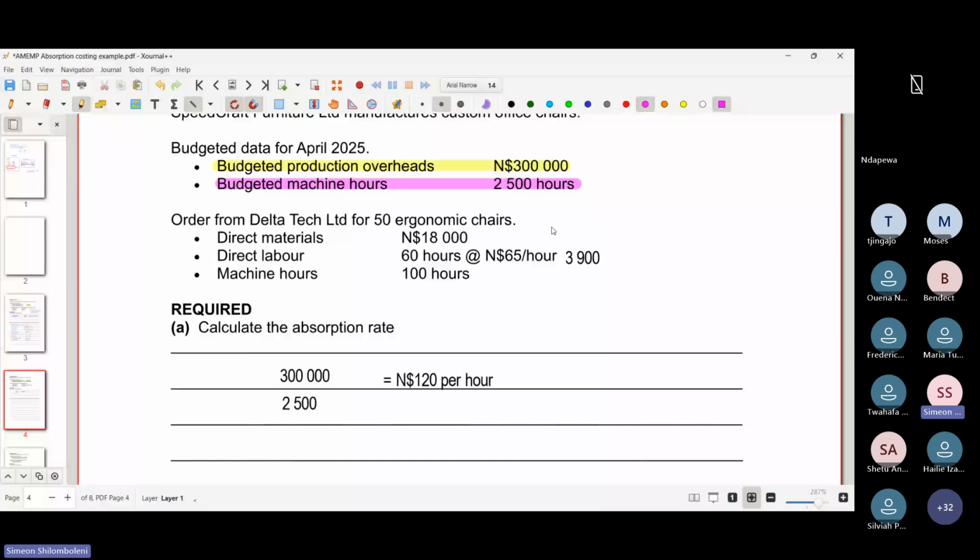Now, we receive a job from Delta. They want chairs. And for us to produce these chairs, it will require materials, 18,000, direct labor, 3,900. This is what was supposed to be here, but in some exercises, you might just find 60 times 65. It means you must multiply yourself.